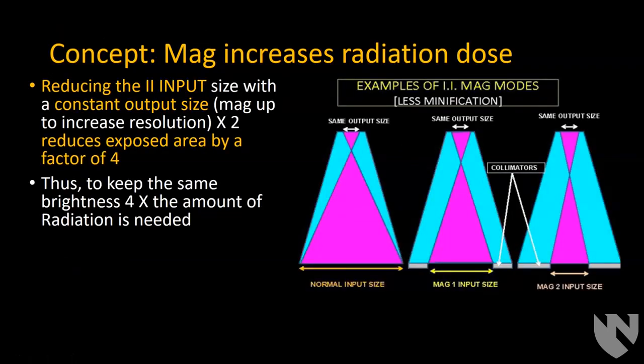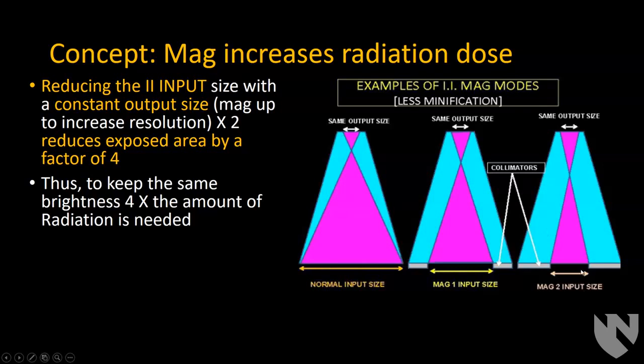Okay, so I touched on this a little bit, but the amount of magnification increases your radiation dose, and this is really important for analog systems. So on a typical system, if you're using the whole input phosphor and the whole output phosphor, that large area is going to go to a small area, and so you're going to get a lot more brightness on the output phosphor.